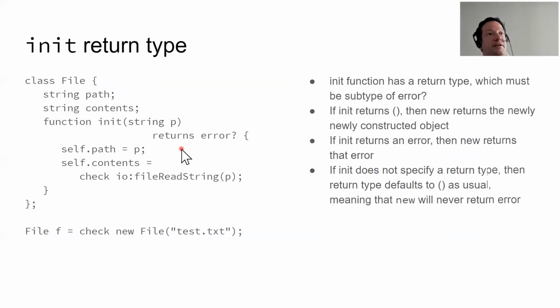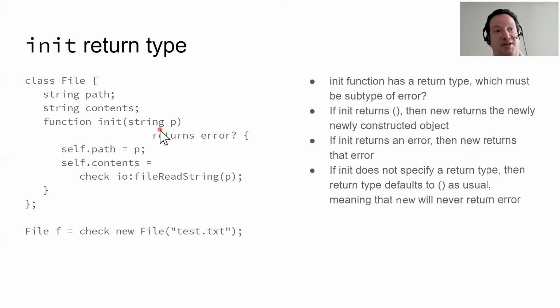So one convenient feature is that init can actually have a return type. Usually the return type is nil, but you can also return an error. And if it returns an error, then the new expression will return that error. So this means you can actually do something useful. Because we don't have exceptions, a lot of the time, if you want to do something substantive in the init method, there's a possibility that it will return an error.